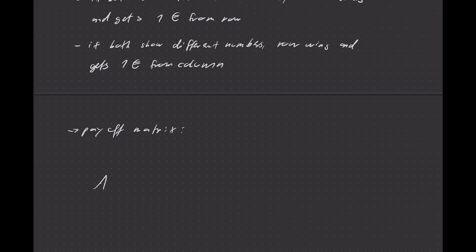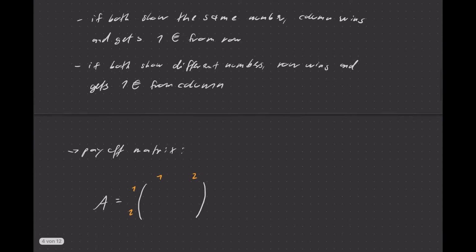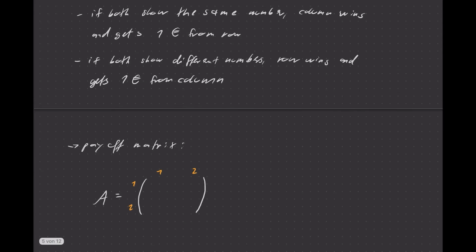Let's see. Now, both players have exactly two strategies, and they're the same strategies. So Cullum and Rao can both play either 1 or 2. If both play 1, they show the same number of fingers. So remember, in that case, Cullum wins and gets €1 from Rao.